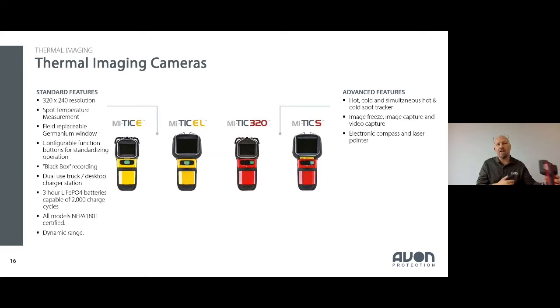So when you scan, you will see no delay and no ghosting on the image. Again, a really important feature, because if you're in a situation, as I've just described with the flashover, and you've got to do a quick scan to find your exit point, and you get a ghosting or a stutter in your image, you may miss something. So it's important that your image refreshes very quickly.